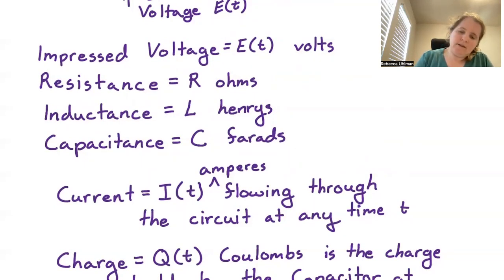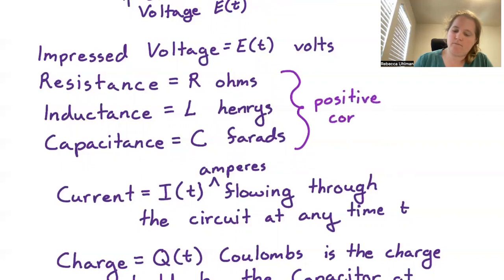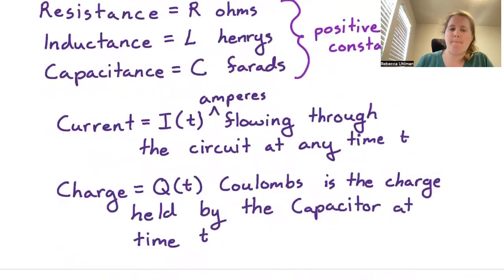The resistance, the inductance, and the capacitance are all positive constants. And then our impressed voltage, our current, and our charge are all functions of time.